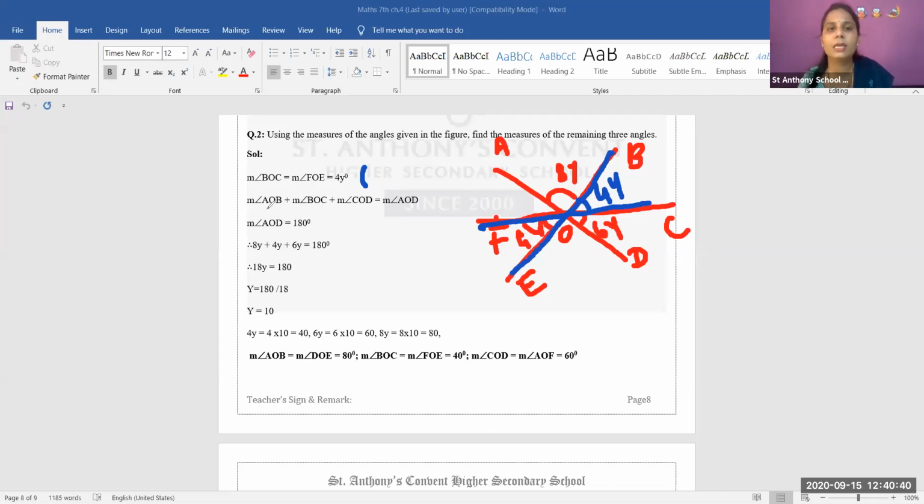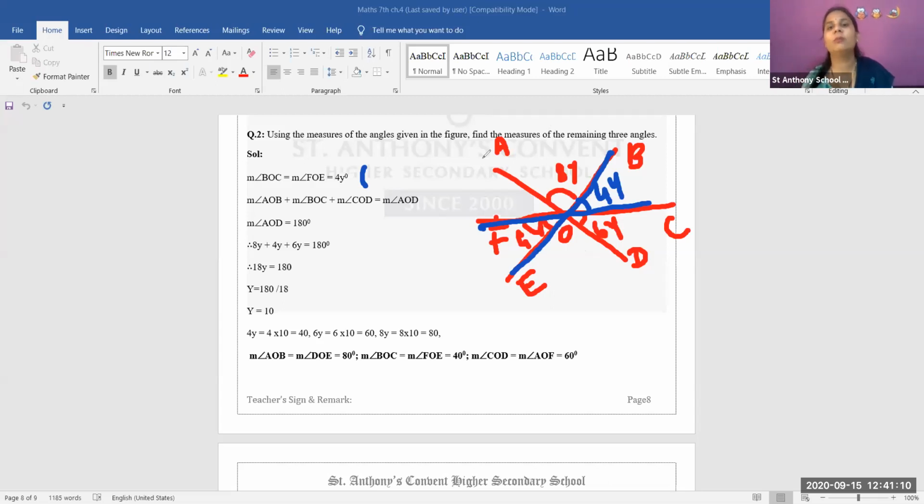Now measure of angle AOB is equal to what? 8y. So which is the vertically opposite angle of AOB?